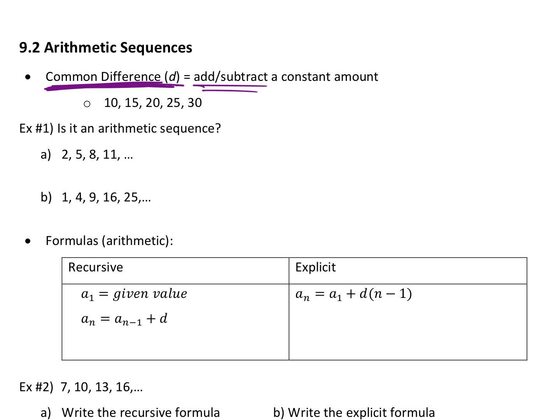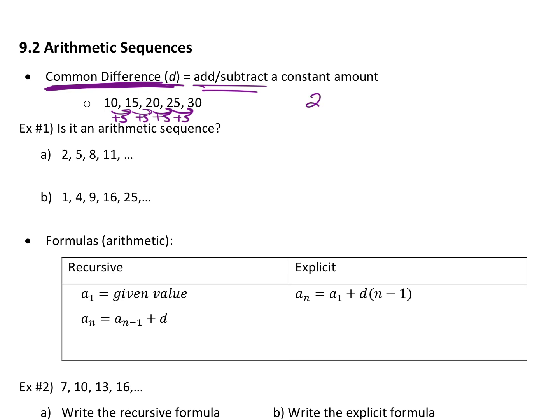So if you look at this, from 10 to 15, 15 to 20, what's the common difference? You're adding 5 each time, right? Plus 5, plus 5, plus 5, plus 5. Here's how you can try to find a common difference, because sometimes it gets tricky with addition versus subtraction.